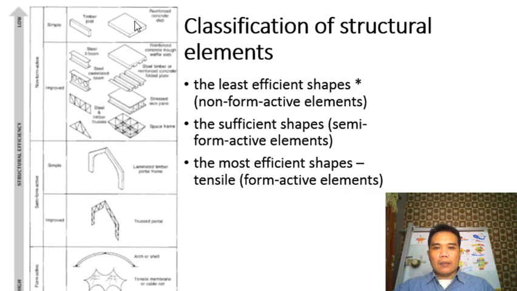But we can create this massive element more efficient by applying the folded slab, for example, like floor, in this way by concrete, or in this way by steel.